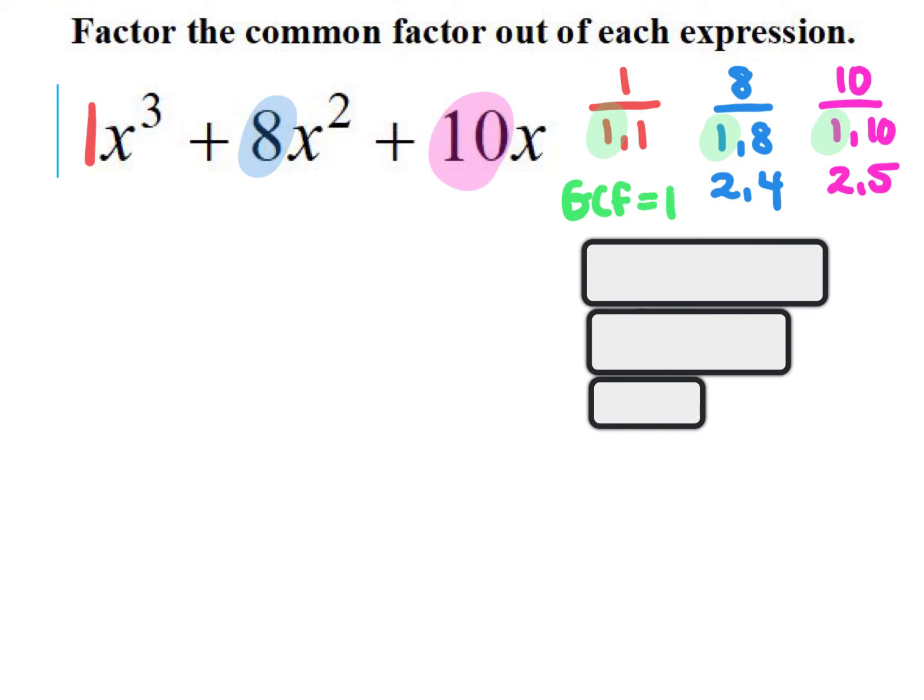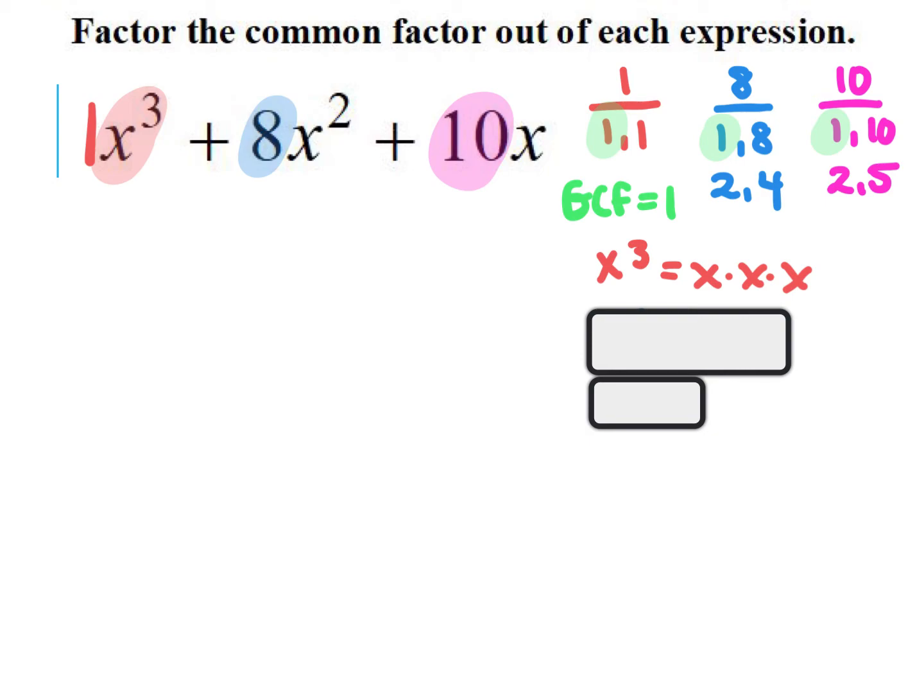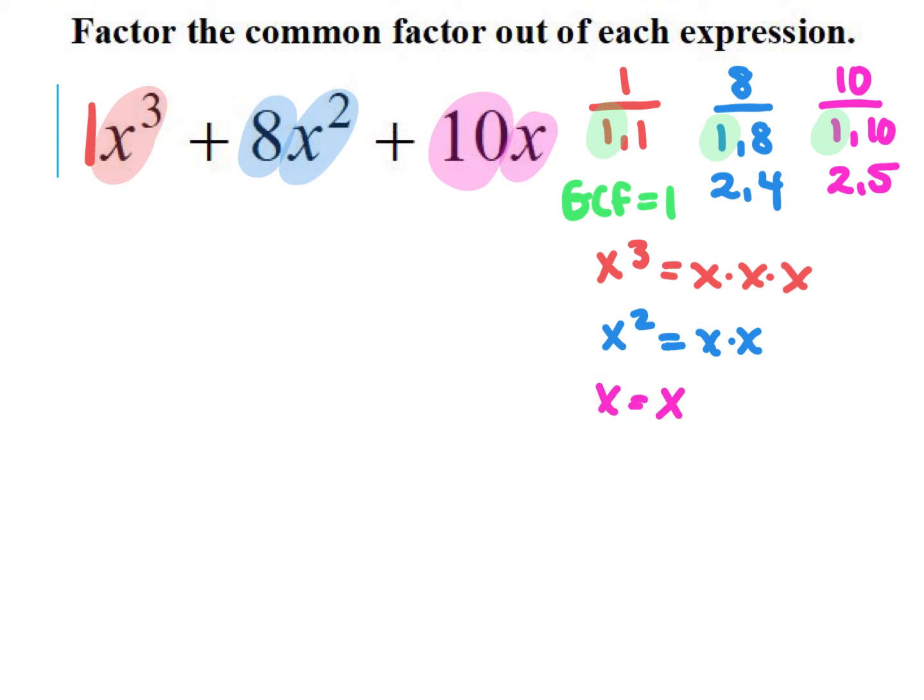Now for the variables, I first have x to the third, which means that there's 3 x's. Then I have x squared, which means there's 2 x's, and a single x, which means there's 1x. Now the only thing in common between all three is this single x, so the greatest common factor of the variables is x.